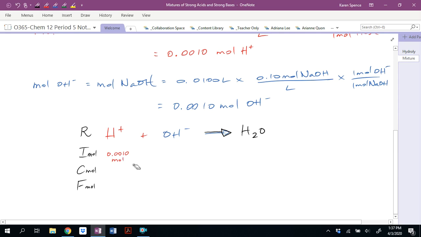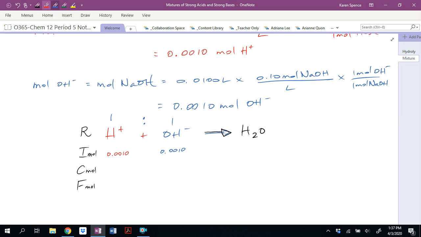And we're going to have 0.0010 moles of hydroxide. And hopefully you can see that this is a 1-to-1 ratio, and we will have both of those reacting completely.